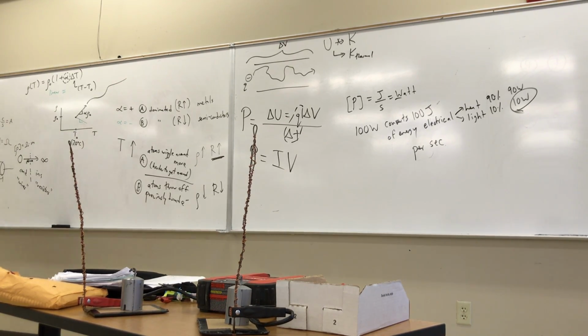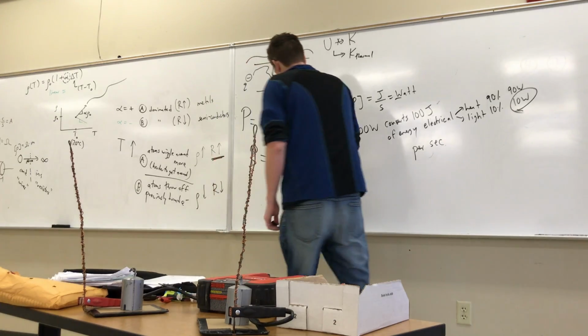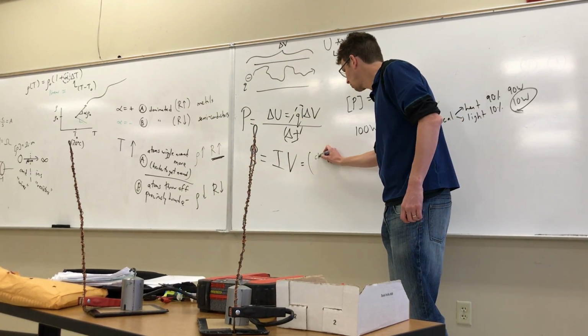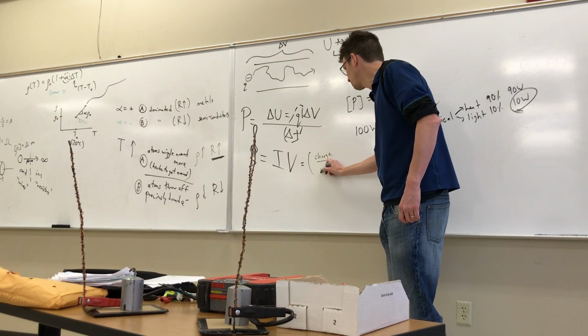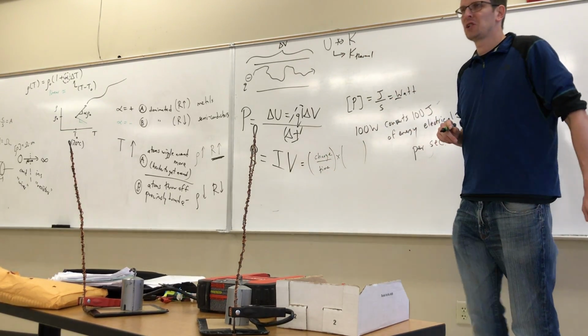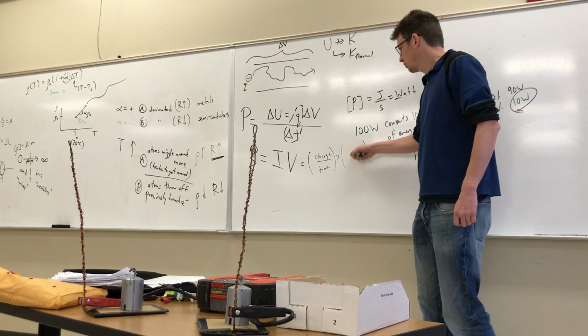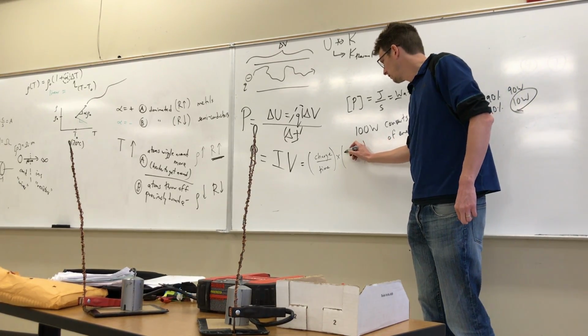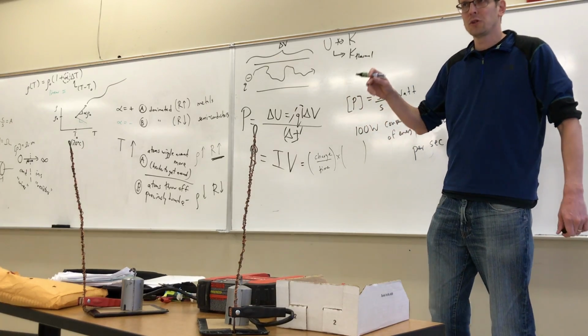If you want, you can think of it like this. This current, what is current? Current is charge that flows per time. That's what the definition of current is. And then voltage, this is something you should know. Voltage is joules per coulomb.